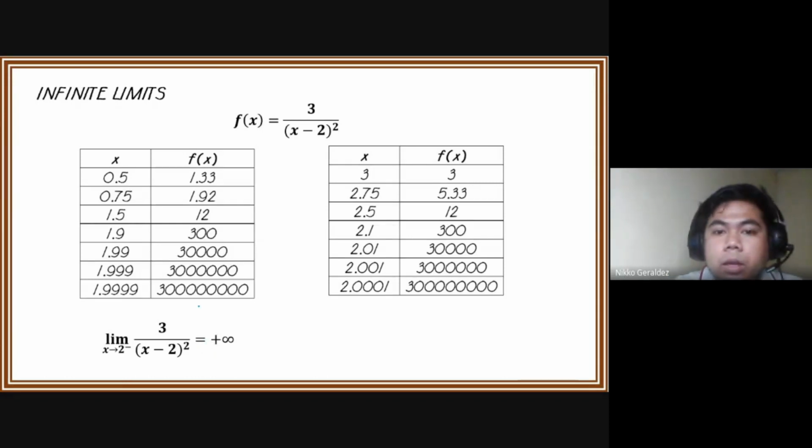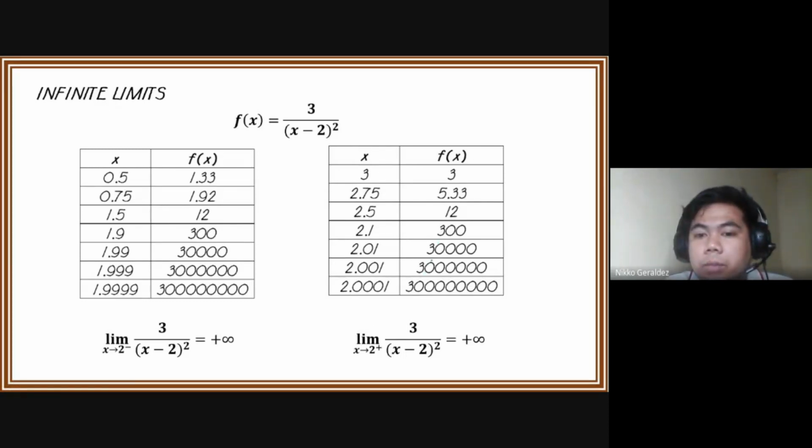And the limit of the function 3 over (x minus 2) squared as x approaches 2 from the right is equal to positive infinity. So these limits are called infinite limits.